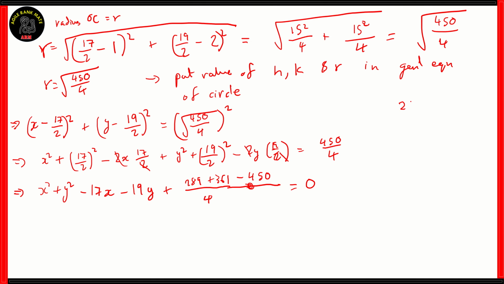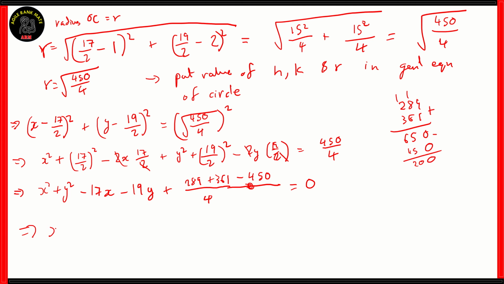So 289 plus 361 gives you 9 plus 1 is 10, 1 goes over, 8 plus 1 is 9, 9 plus 6 is 15, 1 goes over, 2 plus 1 is 3, 3 plus 3 is 6. So that's 650 minus 450, which gives you 200.